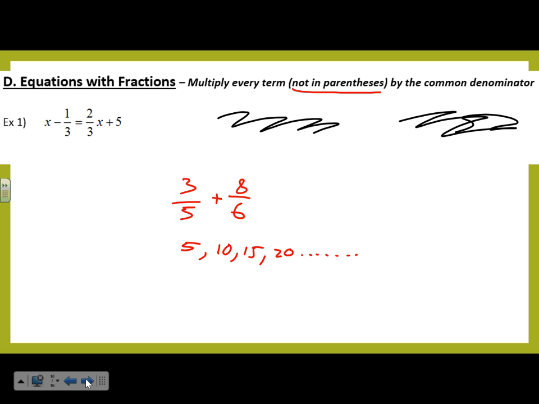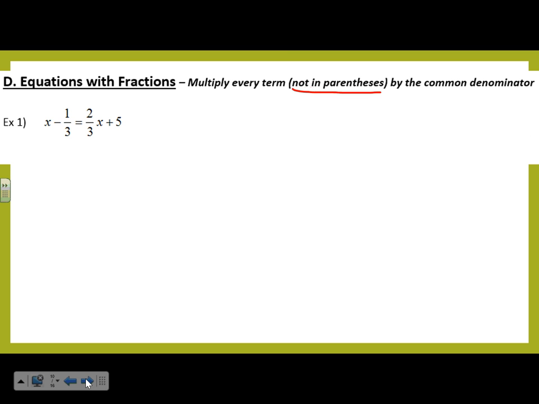Multiples of 6, 6 times 1, 6 times 2, 6 times 3, 6 times 4, and so on and so forth. And we're going to list those until we get ones that match. Hopefully you remember that. That's just a quick little tidbit. Sorry, I had some other things I erased over there.